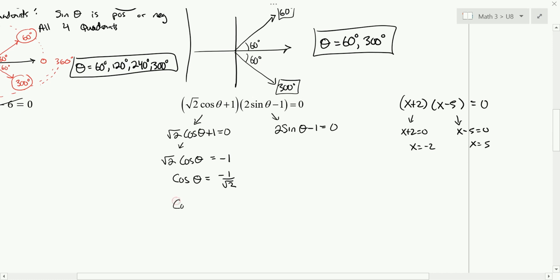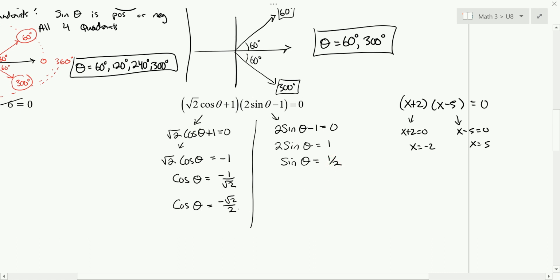You could write cosine theta, multiply top and bottom by root 2, and you get negative root 2 over 2. Is that what you're asking? Both are fine. Next, on the other one, if I solve for sine theta, I get 2 sine theta is equal to 1. Divide by 2, and I get sine theta is equal to 1/2.